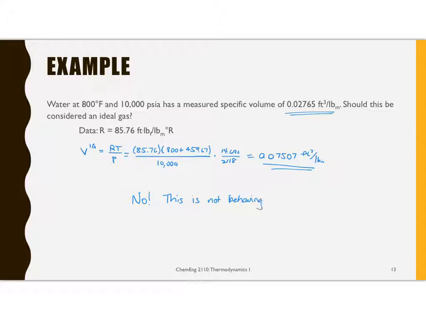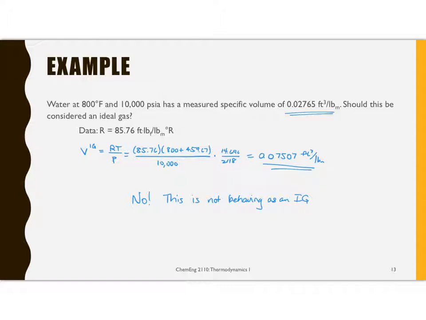The lesson here is that just because something is behaving as an ideal gas under one set of conditions does not mean that it always does. Kind of rule of thumb is that higher temperatures help and lower pressures help. So in this case, I lowered the temperature and I raised the pressure.